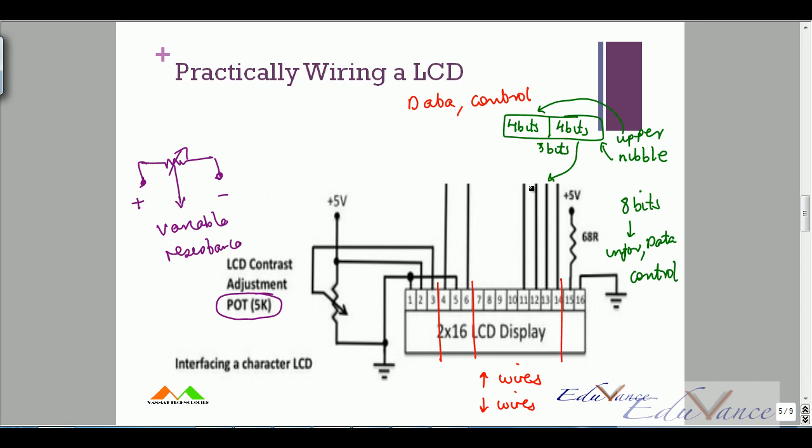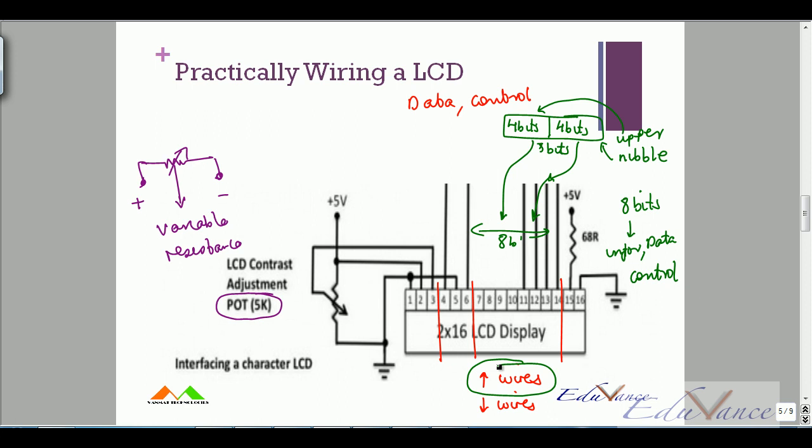On the other hand, if I'm using it directly in 8 bits, then I don't have any of those complications. I directly just load both together, that is 8 bits at a time, but again, as I said, that uses more number of wires.